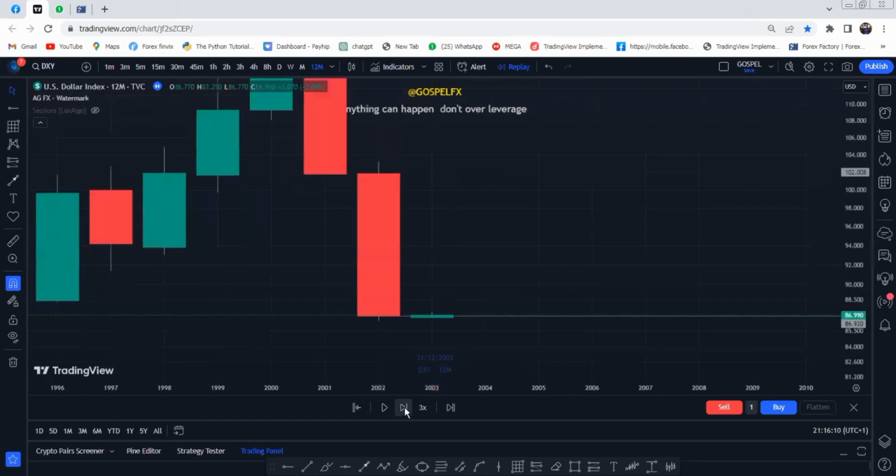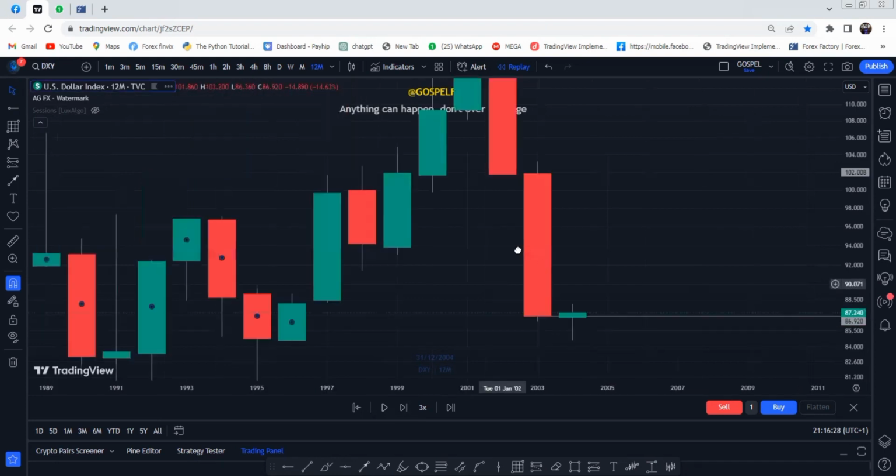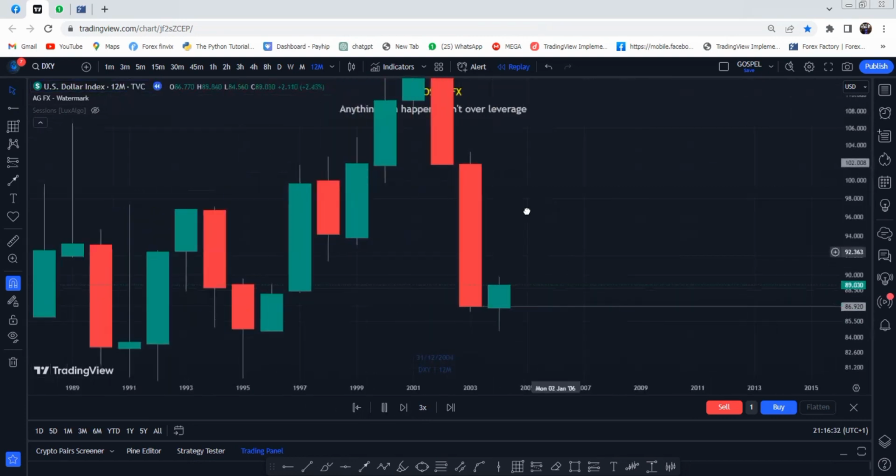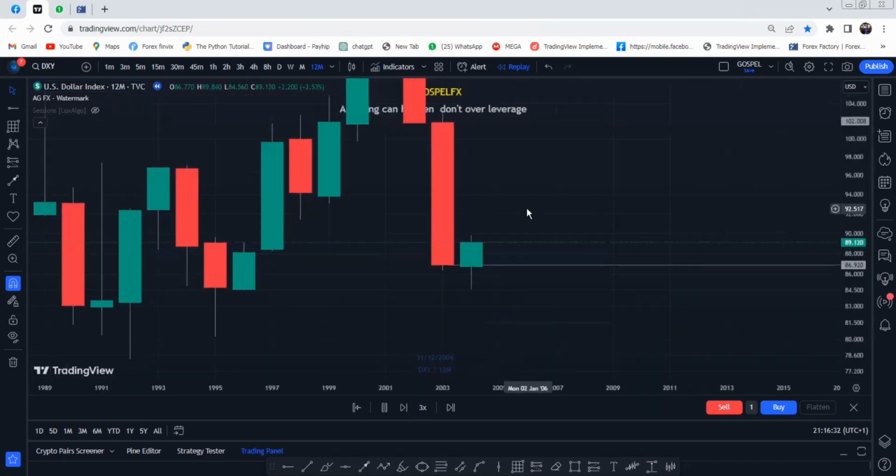You have noticed that this candle has opened just where the old candle closed. Now let's play this. The candle is still on, you see how it's trading. Let's see if this candle is going to close bearish or bullish.